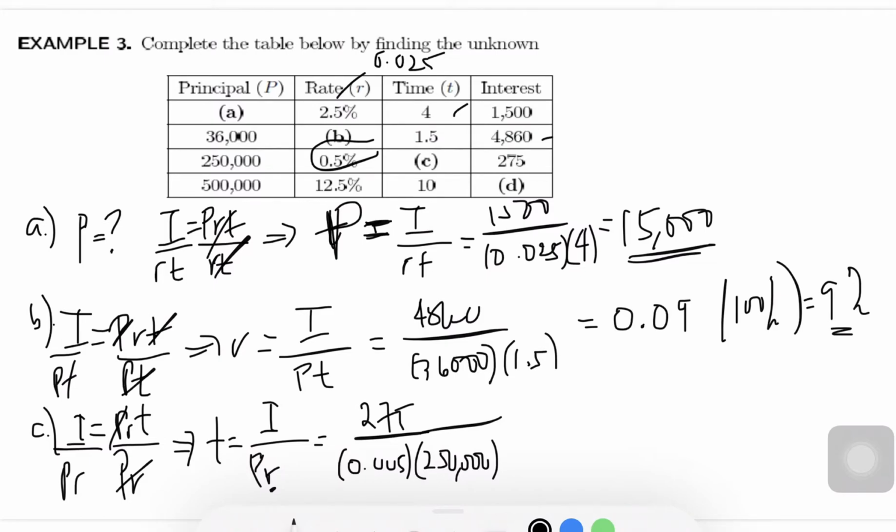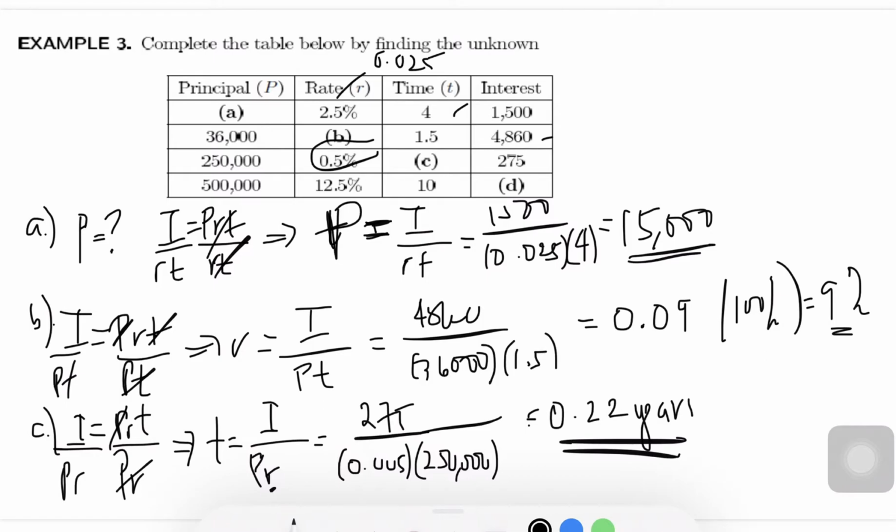So use your calculator again. We have 0.22 years. You can convert that into months: 0.22 times 12 is 2.64 months. So more than 2 months.